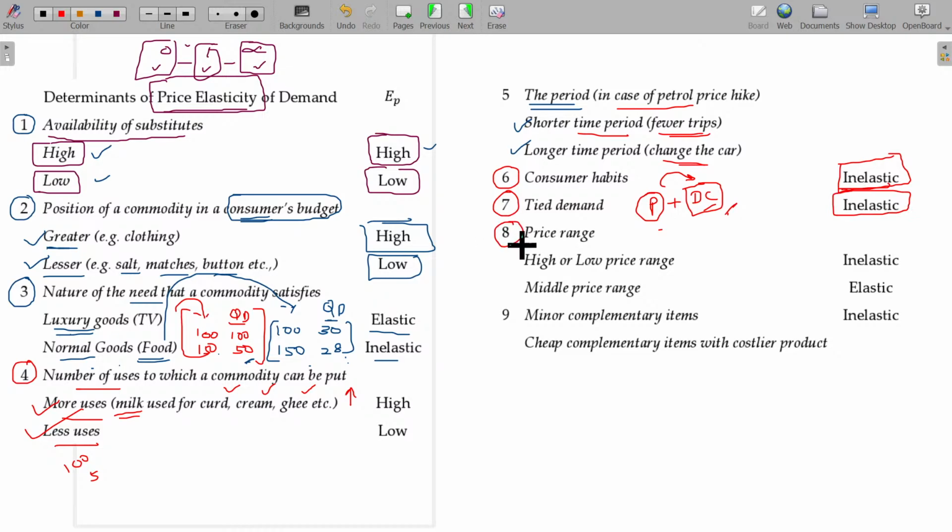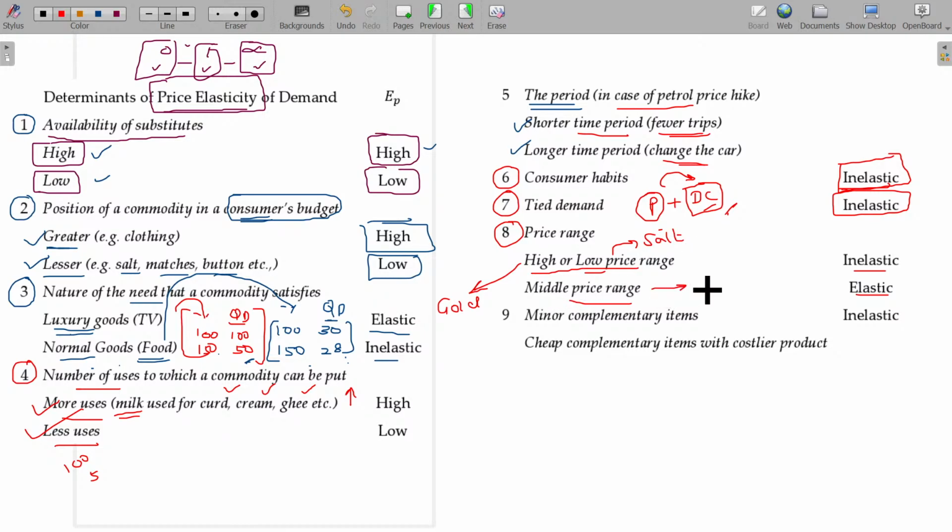Price range. If the price range is extremely high or extremely low, then the elasticity of demand should be inelastic or very low. If it is in a middle range, then it is elastic. For example, in case of high price, gold and diamond. In case of low price, salt, butter, buttons, things that you are not using in your home regularly.